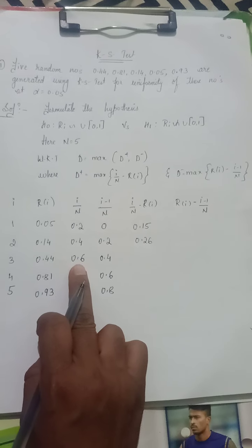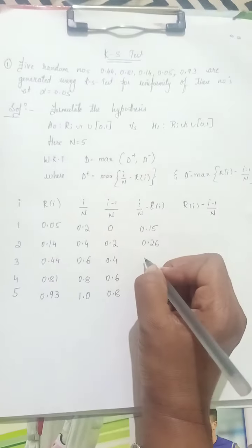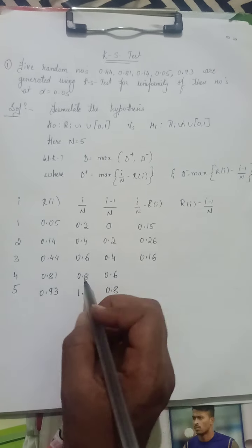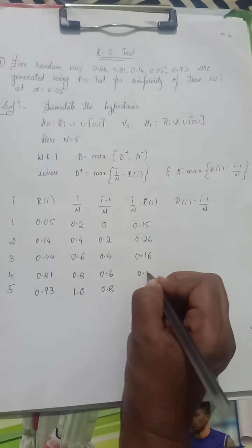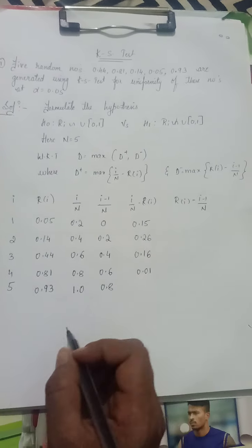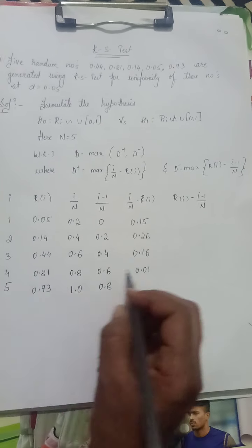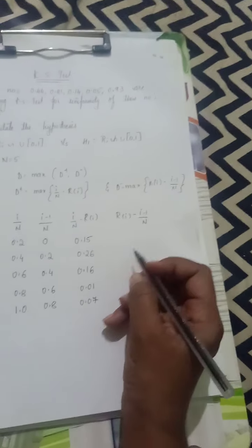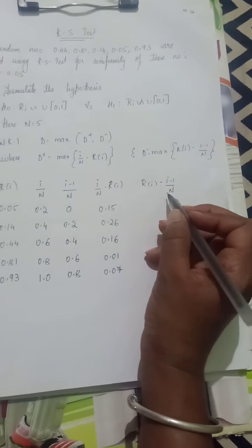The next, 0.6 minus 0.44, will be 0.16. The next, 0.8 minus 0.81, is minus 0.01. The next, 1.0 minus 0.93, is 0.07.